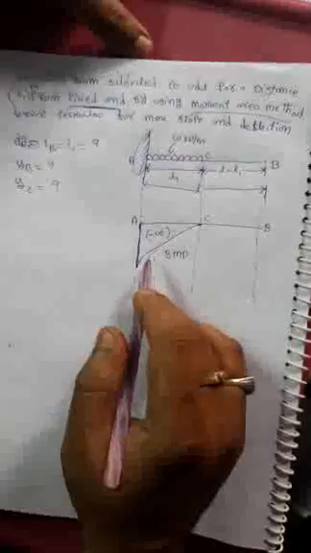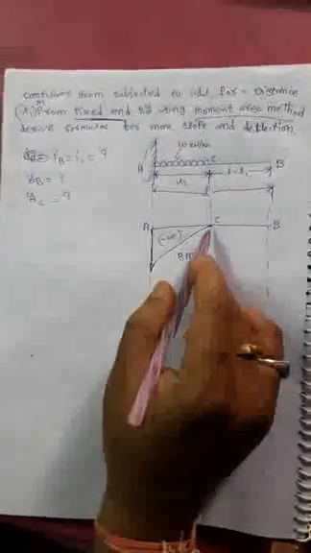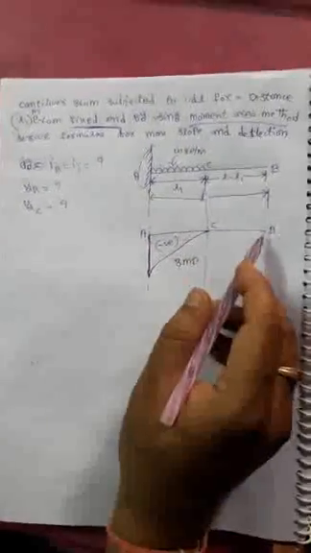Going to the diagram, first we will find the bending moment diagram. For the bending moment diagram, we need the moment values at C and A. The moment values at B and C are 0. Why?